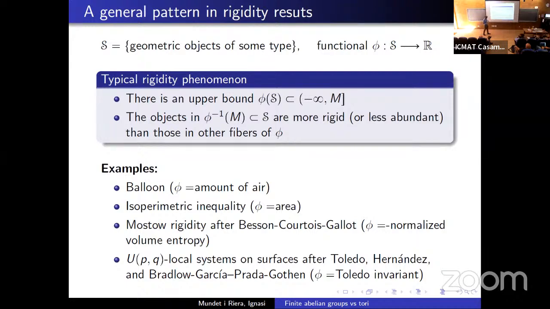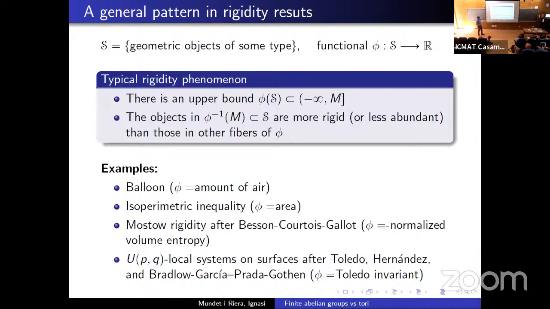And when you attain the maximal value, then the moduli space has lower dimension than expected. So this is a manifestation of rigidity. So originally, this result was found by Domingo Toledo and Luis Hernandez, and Steve Bradlow, Oscar, and Peter Gothen reformulated the result in terms of Higgs bundles and obtained many other results.